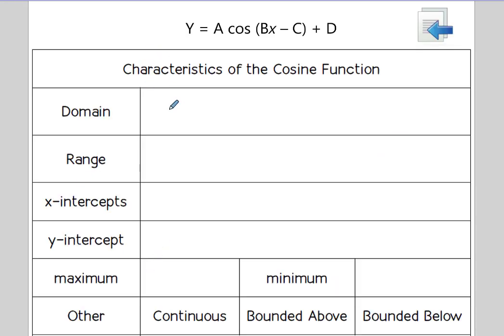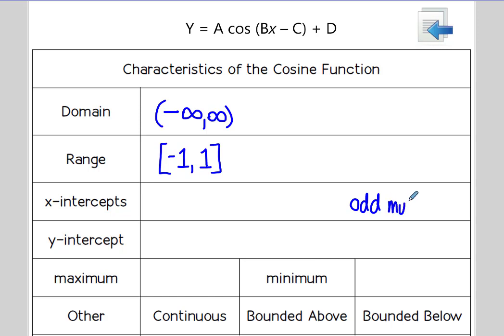The domain is all real numbers, it continues on forever. And just like sine, the range is bounded between -1 and +1. The x-intercepts were odd multiples of half of a pi, odd multiples of 90 degrees.